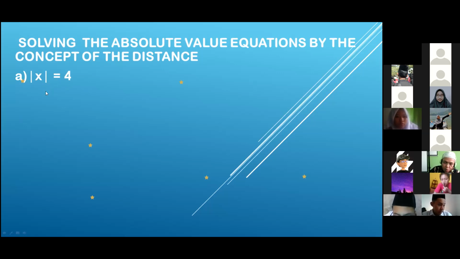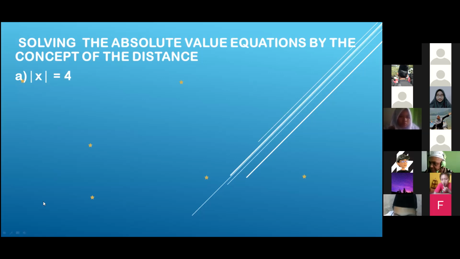4, or such that the distance of the real number to 0 equals 4? It means that this number on the line is 4 units away from 0. What is it? Can you tell me the real number on the number line 4 units away from 0? 4 or minus 4.